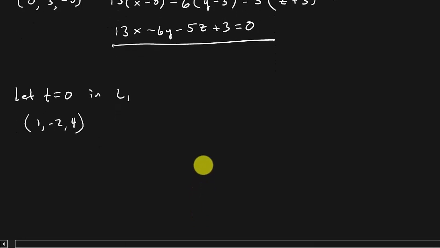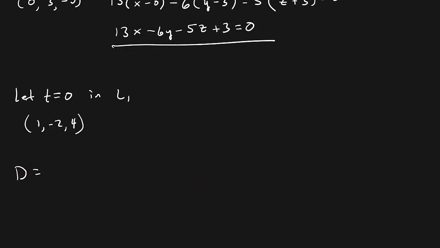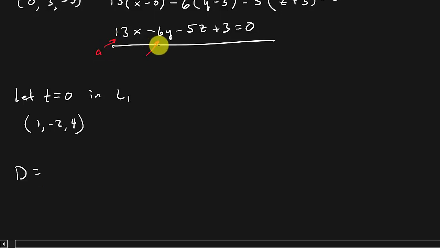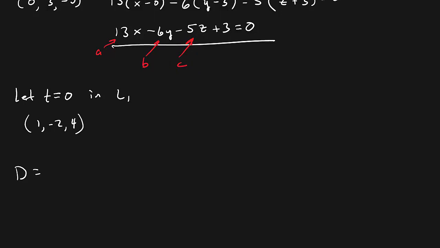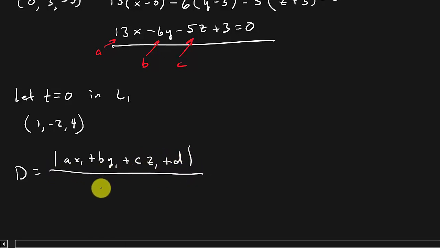And so here you go. My distance. And remember, there's A, there's B, and there's C for when we plug it in. Okay, so remember the distance formula is the absolute value of Ax1 plus By1 plus Cz1 plus D, over the square root of A squared plus B squared plus C squared. That's your formula. So I'm going to plug this point into this plane.